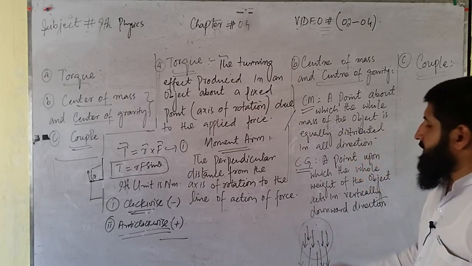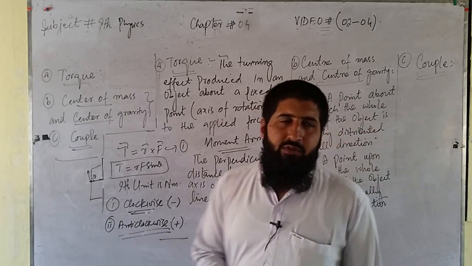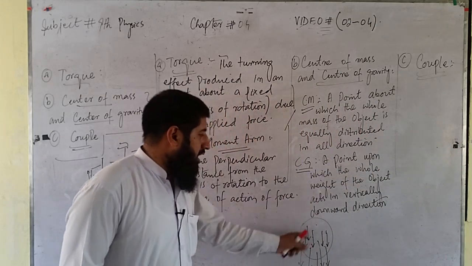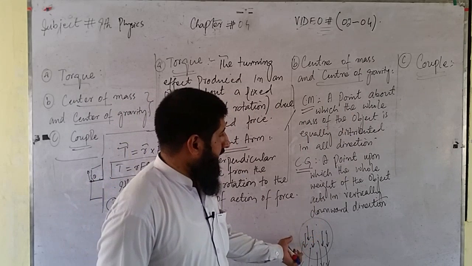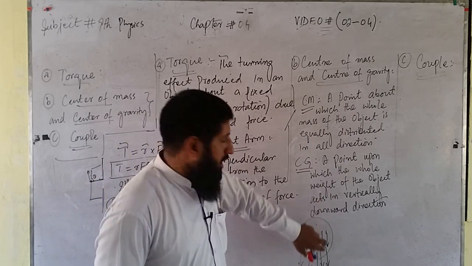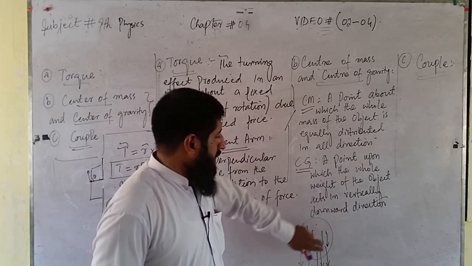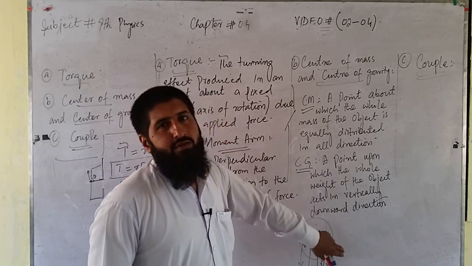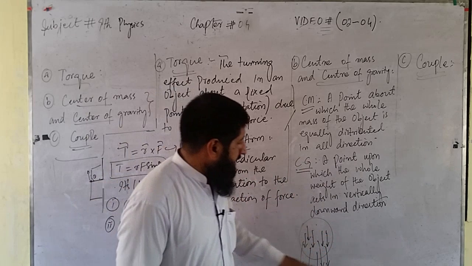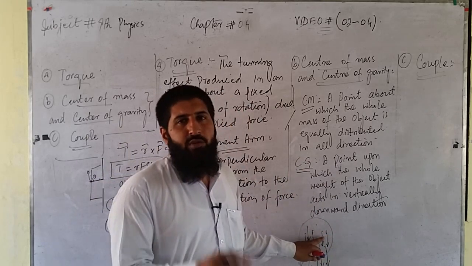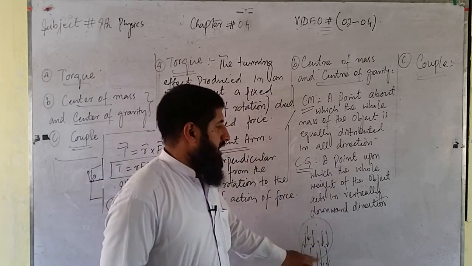But here we assume a point at which the whole weight of such an object acts, which will be the sum of all these forces. The whole impact, or the combined effect of all these forces, is experienced by a single point of the object.